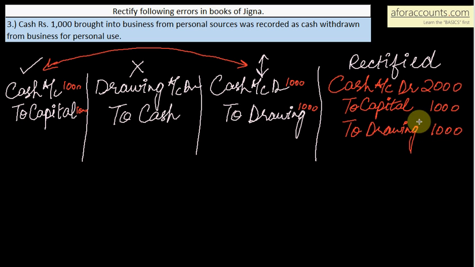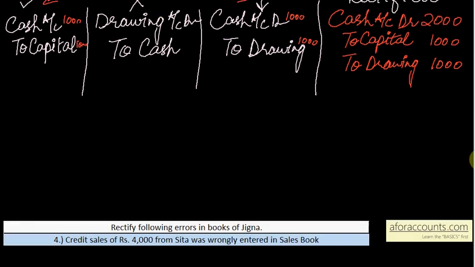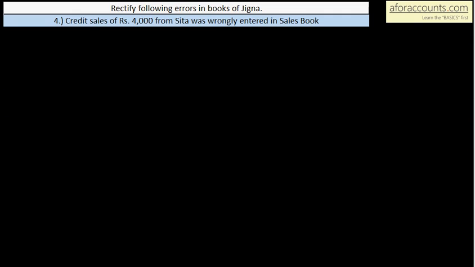Now moving on to the last entry of this question, entry number 4. Credit sales of 4000 from Sita was wrongly entered in sales book. Okay, now वापस पढ़ो इस क्वेश्चन को.